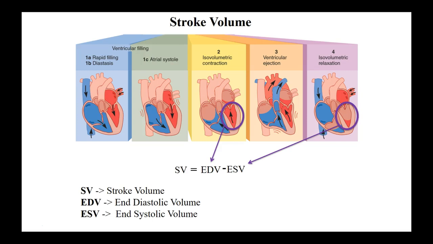So we start off with this amount of blood, and then we're left with this amount. Can we figure out how much got ejected, how much was pumped out of the ventricle? Absolutely. By subtraction. We start off with this amount, we're left with this amount, and the difference between the two is how much got ejected from that ventricle. That is called the stroke volume.